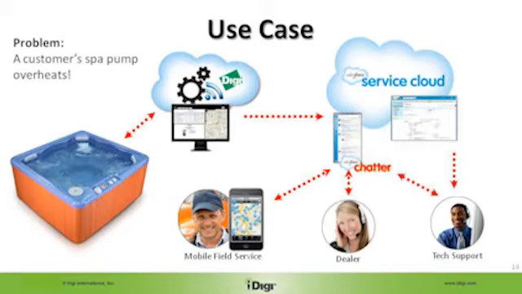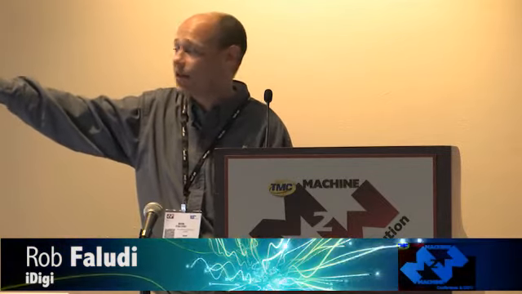By plugging it through the social machine into the Salesforce cloud, now, if that customer's spa pump overheats, the dealer can find out about it, dispatch mobile field service. That field service personnel can then go out there, see what's going on, update the record continuously as they fix it. Maybe there's parts that need to be ordered, maybe things are going well.